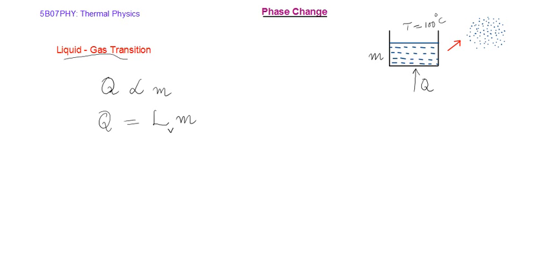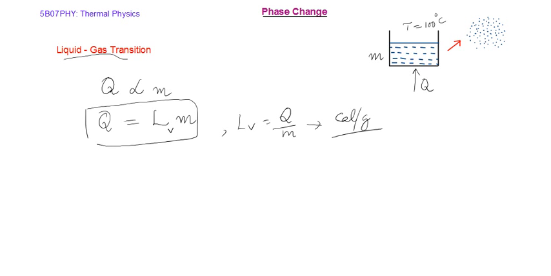So I'll name it as what? Q equals Lv into M, latent heat of vaporization. So automatically, Lv will be equal to Q divided by M. It's the same quantities as we defined, so it will once again be expressed in calories per gram, right? Calories per gram.